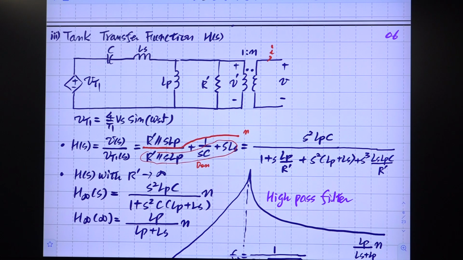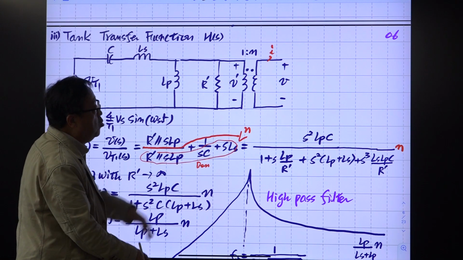Then we have N. Okay, so this is the expression. This is just the voltage division through this linear circuit.